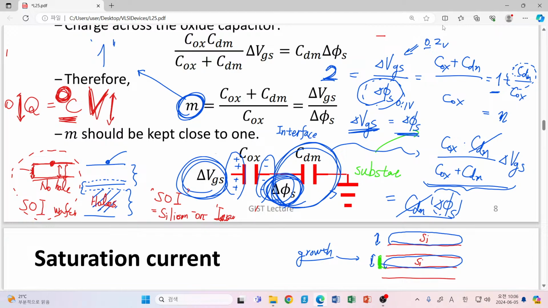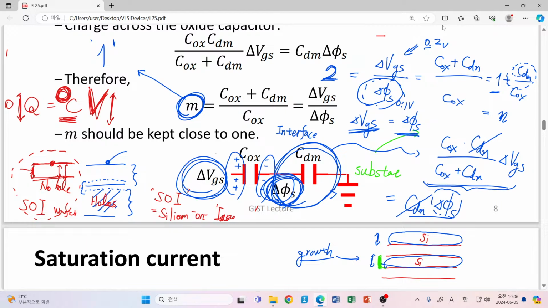Well, then why don't we just introduce the other way around, delta VGS and delta phi s? It is not my invention, so historically this M factor is taken just as a ratio between these two quantities in that way.